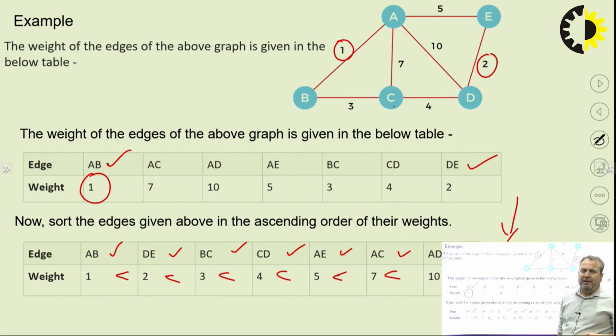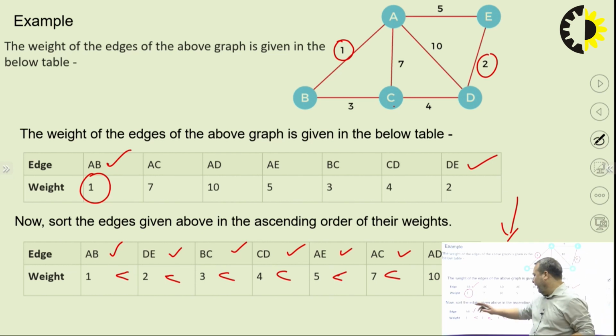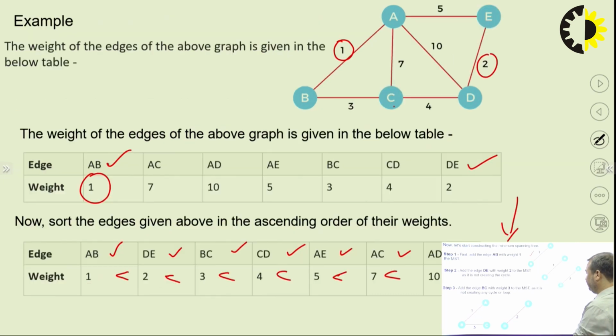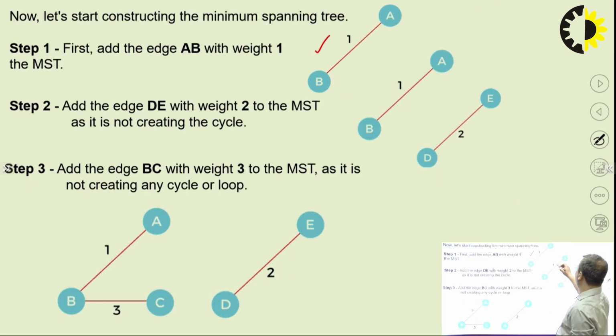We will create the MST. So what we do? First we will write the edge AB. So in the next step we can see this is the AB. Then the next edge, which one will be minimum? This one, DE. So in step 2, AB and DE.